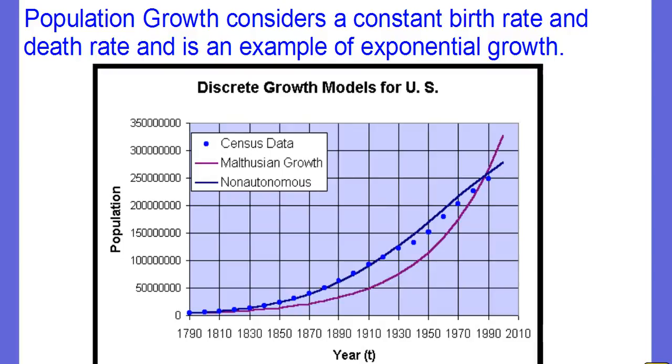Once it gets to 1990-ish, it bypasses the census, but that happens when societies get fairly advanced. Population will slow down because people will stop having as many children. They don't need as many children to make their world go around.